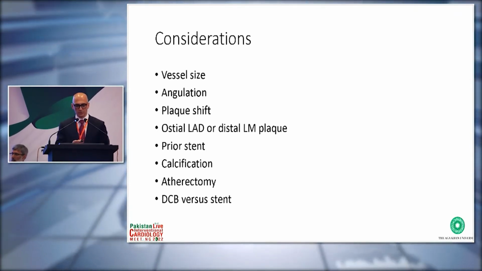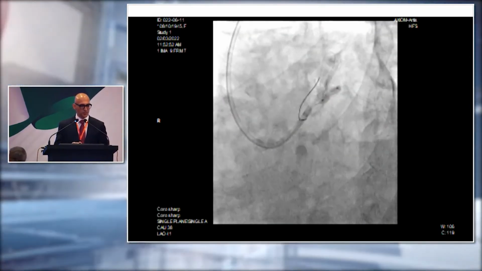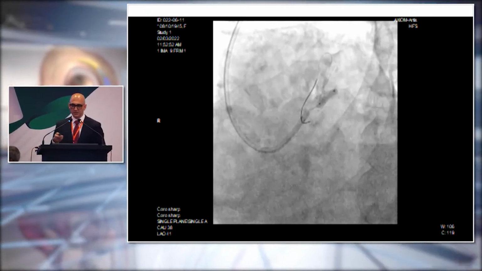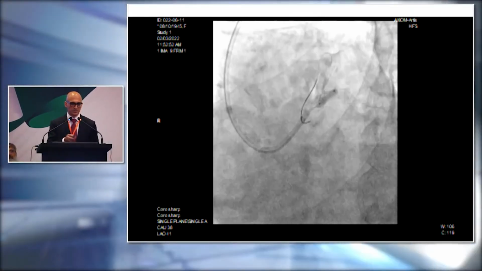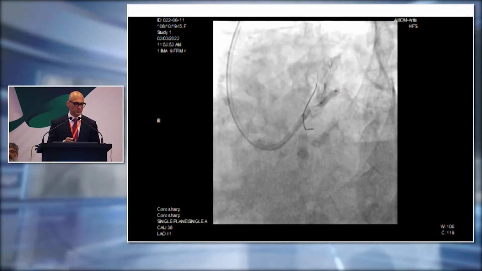I think we covered all of those factors in the discussion so far. IVUS was not done this time around, but from the previous IVUS, the LAD stent was well apposed, there was underlying calcification, and the left main size was about 5 millimeters.